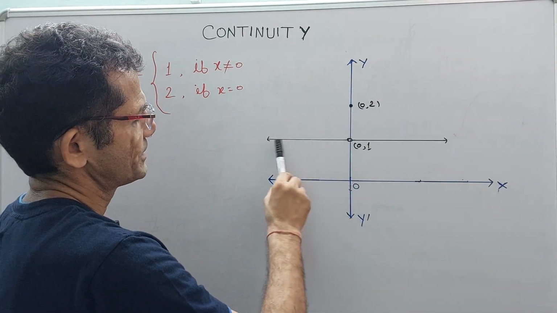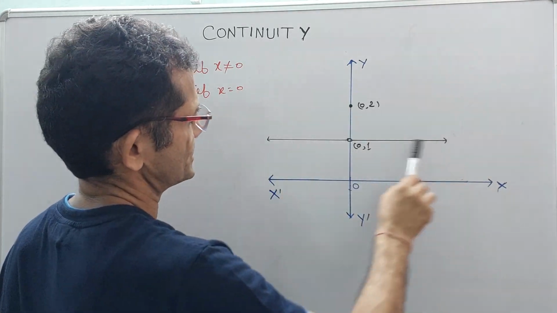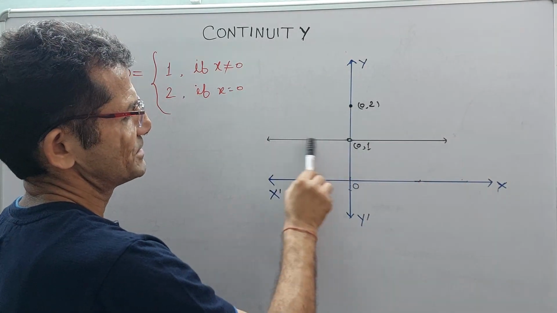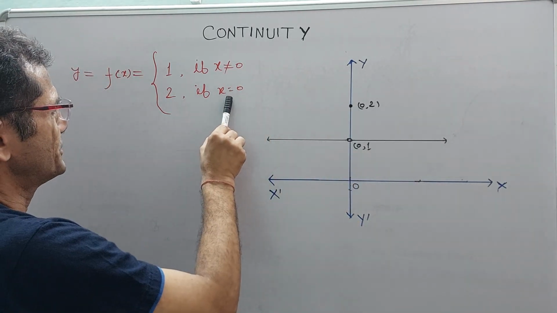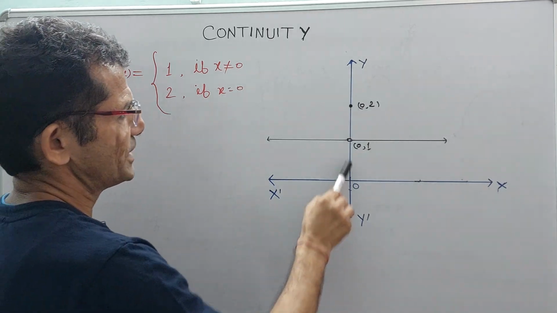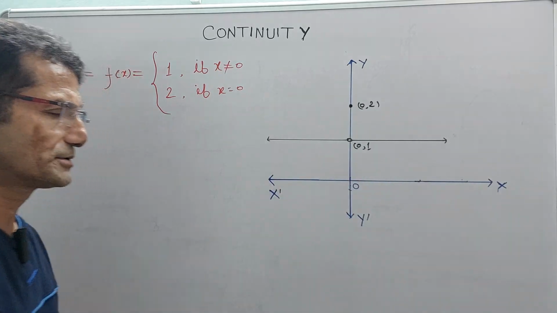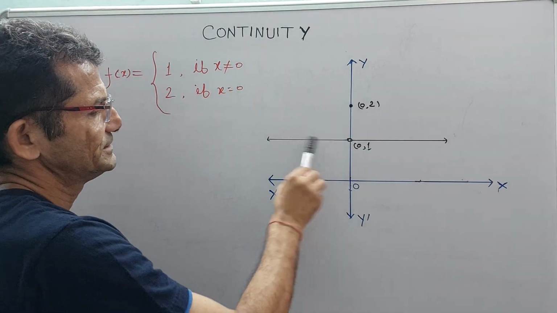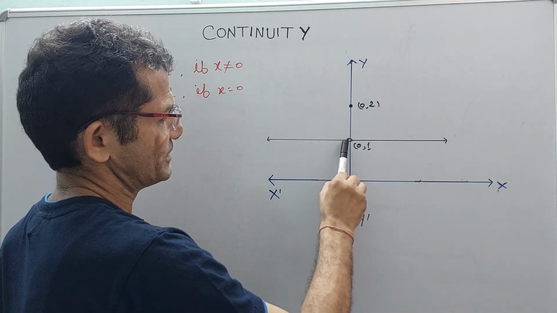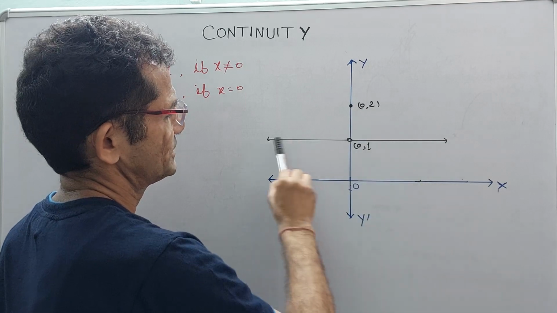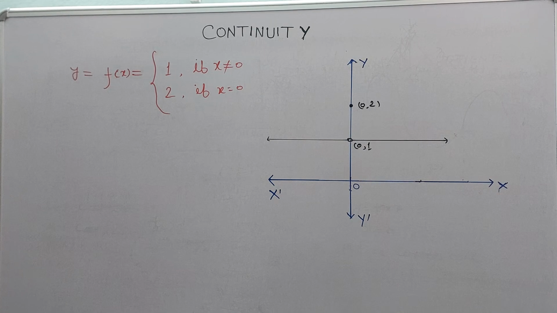We have to lift the pen here, because at x equal to 0 the value is 2. Then go this side. We can't go straight from here, because we have to lift the pen at x equal to 0. So from here, then from here, just lift. That's why at x equal to 0 the function is not continuous.